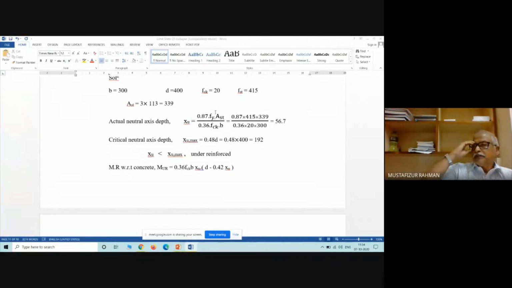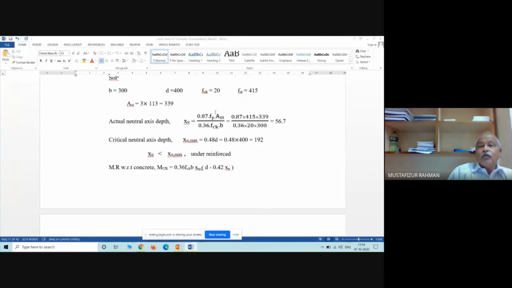So it is an under reinforced section. If it is an under reinforced section, strain in steel attains the limiting value earlier. Strain in concrete does not change.